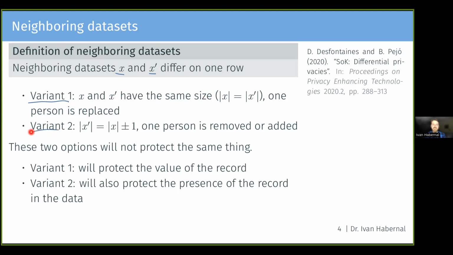In the second variant, the neighboring data set X prime is bigger by one person. So one person is removed or added to the data set. And these two options will not protect the same thing later on. The first variant will care for protecting the value of this record, while adding or removing one person from the neighboring data set will protect also whether this person is in the record or not. So basically the presence of the record in there.